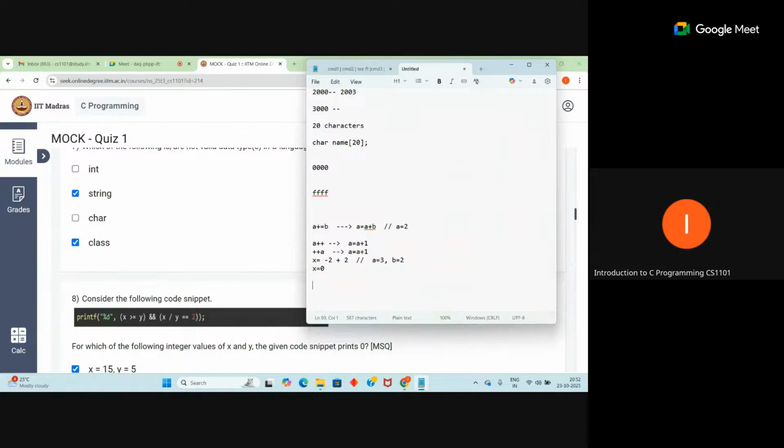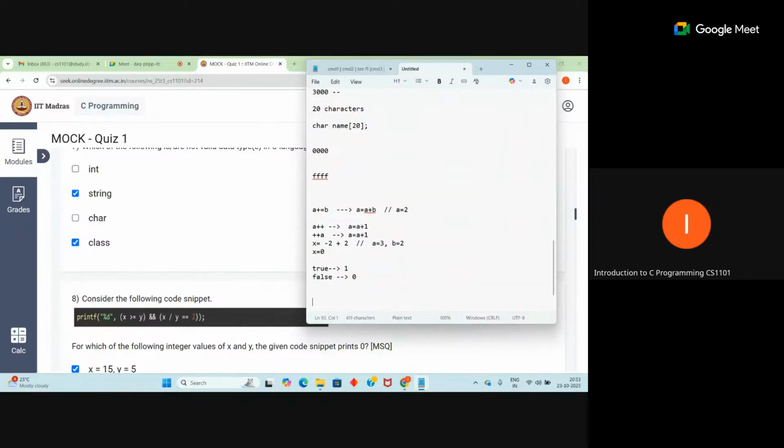So the code will print 0 if the given answer is false. It will print 1 if it is true. So when the computer needs to return the true value to you, it will return 1. When the computer needs to return a false value, it will always give you 0.